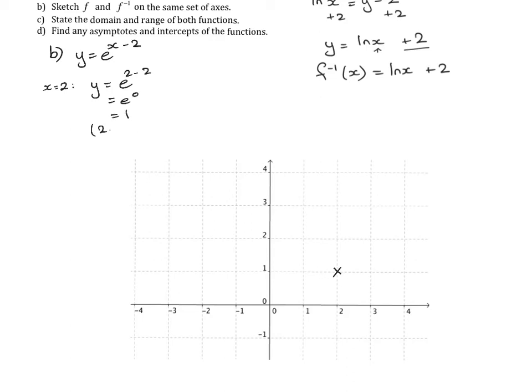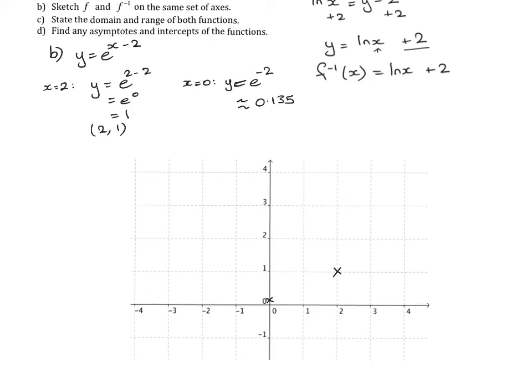So therefore we know the point (2, 1) lies on it, which we've graphed. When x is 0, we get y equals e to the negative 2. Now if you put that on your calculator, you get 0.135. So something very small, so that's the y-intercept, which is like down here somewhere.